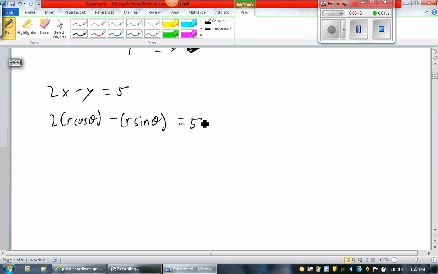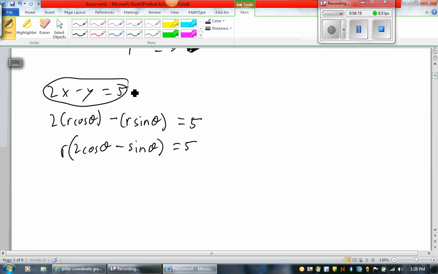I'm just going to pull out a GCF, that r, so I end up with r times (2 cosine theta minus sine theta) equals 5. That's my final answer. We went from this rectangular equation to this polar equation.